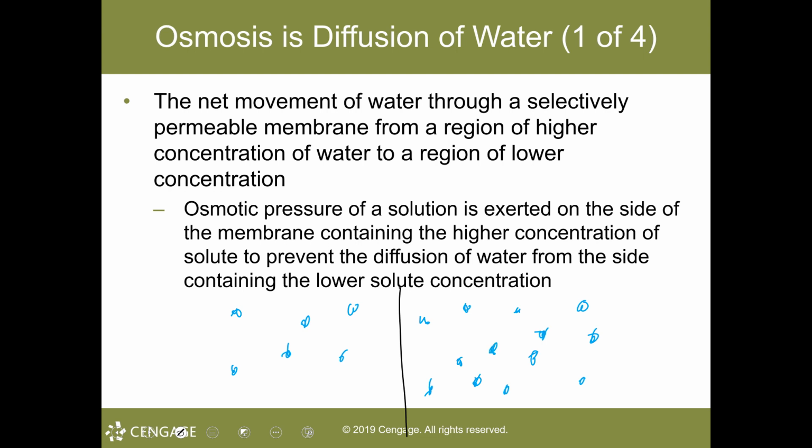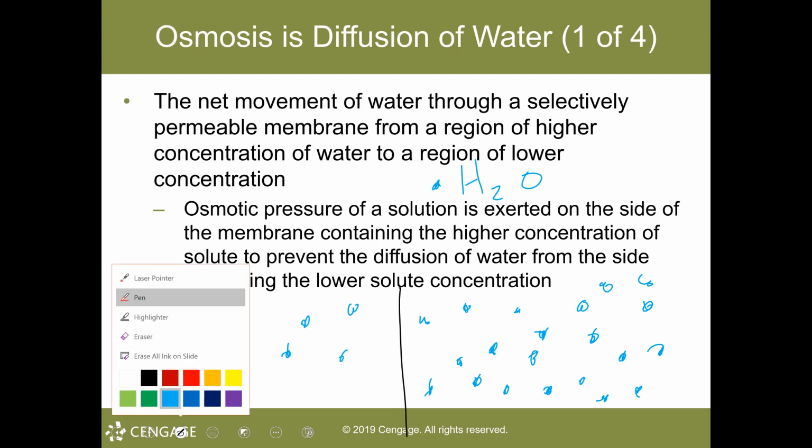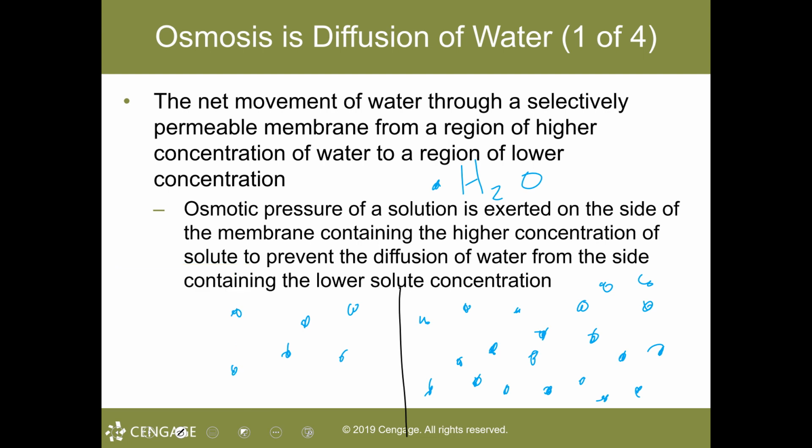And I hope that you can now see that there is a difference from each of these sides. Now, I guess I'll put a key here. This represents water. As I was mentioning seconds ago, I'll now draw solute molecules.